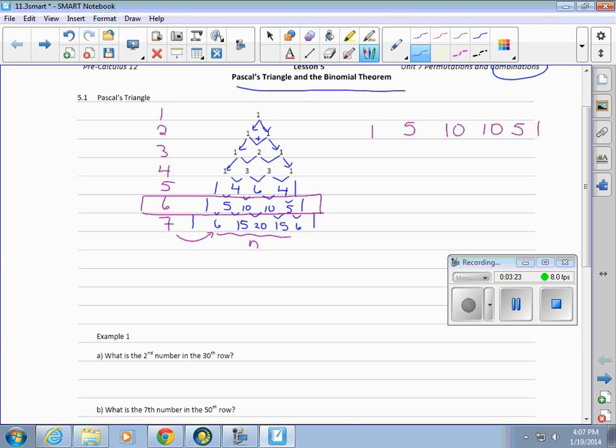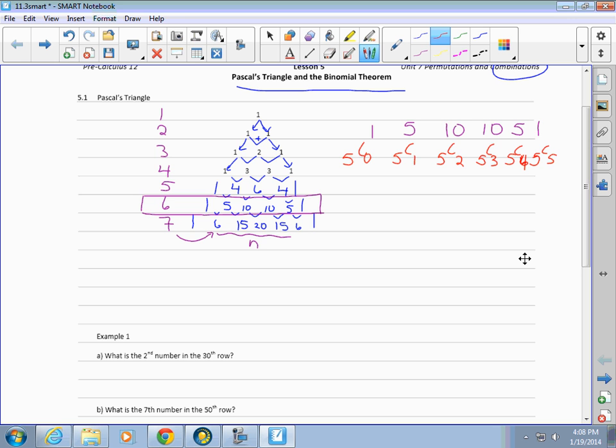Although this is my 6th row, I would use the pattern 5C0, 5C1, 5C2, 5C3, and, oh, did I miss one? That should be 5C4. 0, 1, 2, 3, 4. There we go. And then 5C5.